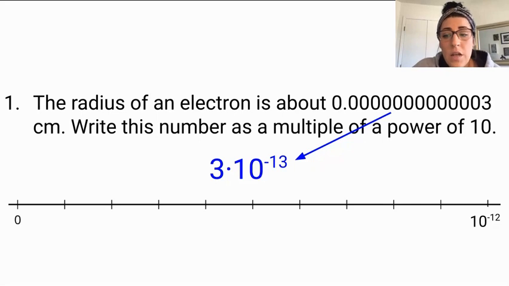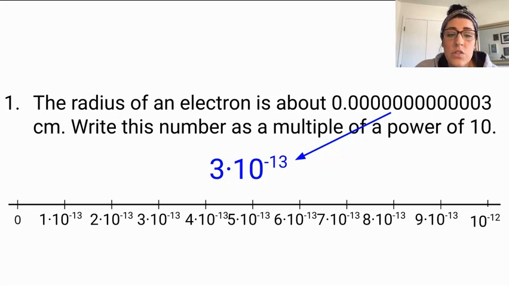So that last value we would write as 10 to the negative 12th, because if we divide that into 10 parts, 10 to the negative 12th divided by 10 would actually give us 10 to the negative 13. So we would label our number line as such, which then allows us to place the point right here on that number line.